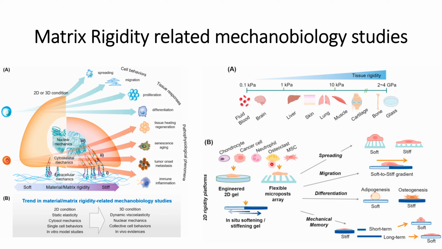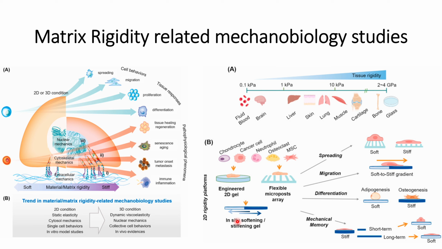In this case, osteoclasts and MSCs are used, and in this flexible micropost array, different cells are placed at different spots, and most of these spots vary in terms of stiffness, so that the researchers can measure the effect of the cells on different stiffness. The other is the in situ softening or stiffening gel. This we have covered in our previous videos.